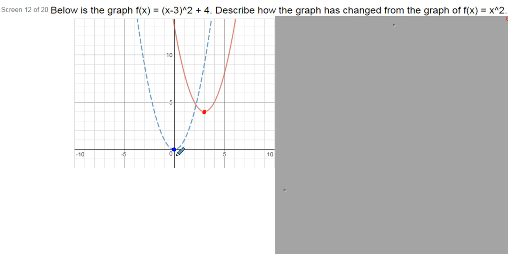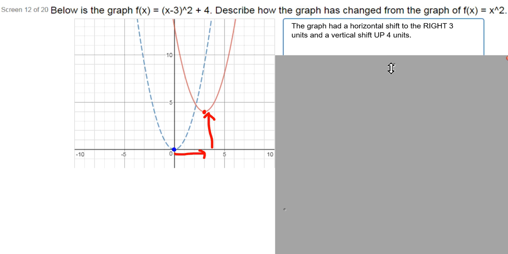We know that the vertex had to move to the right 3 units and up 4 units to get to its new location. So we have a horizontal shift and a vertical shift. So horizontal shift to the right 3 and vertical shift up 4. All of those items could be written here and be correct.